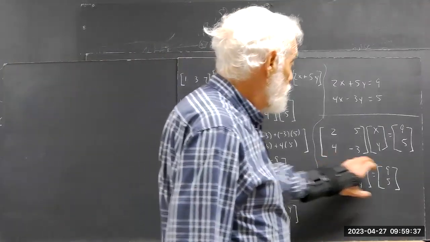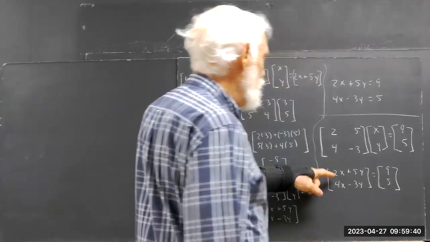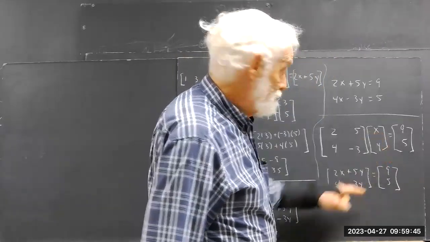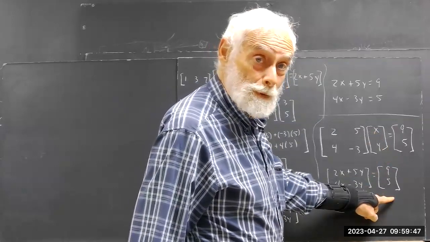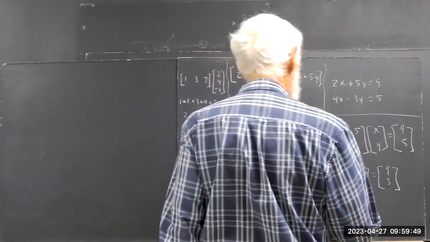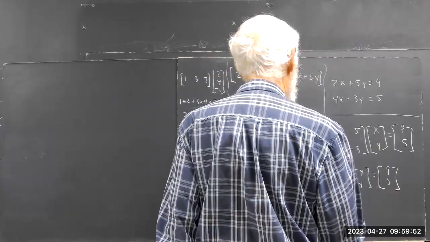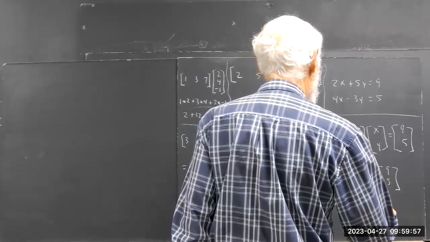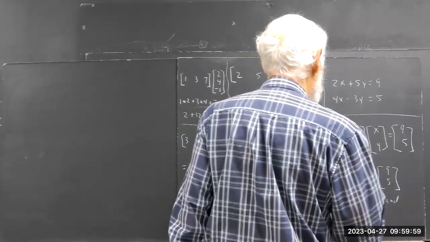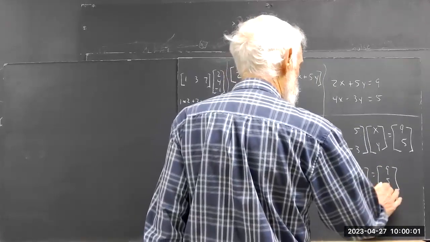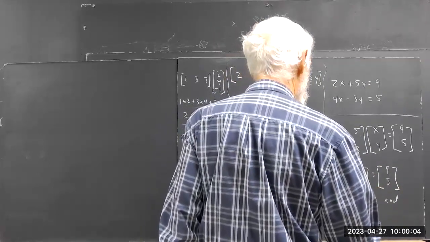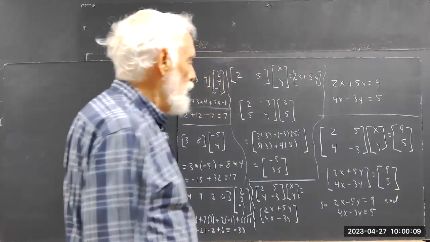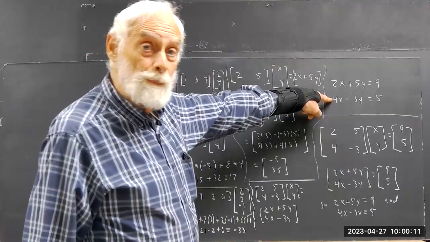Now, if this matrix is going to equal this, then the first number here has to equal the first number. The second number is going to have to equal the second number, right? So this tells us that this has to equal this, and this has to equal this. And of course, that's just the system we started with.